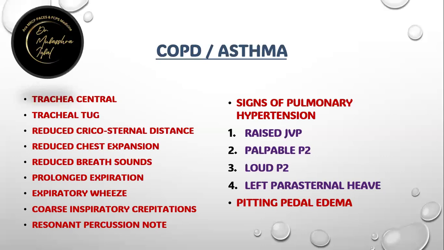For example, if you have appeared in an FCPS exam, there you need to complete the back of chest, front of chest, and then you will come toward the periphery examination, that is examination of hands and arms and all that. However, in case of PACES, you will start from the hands and then move towards the main targeted examination of chest.